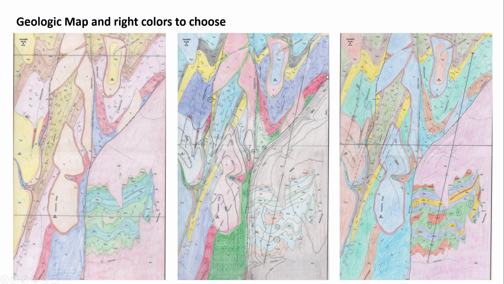The second one, the middle, and the third one, maybe the third one looks a little better than the second one. These two are kind of chaotic and you cannot really see the rock relationships easily, as you see here. Right? So look at this one.